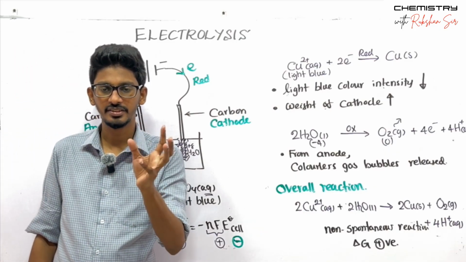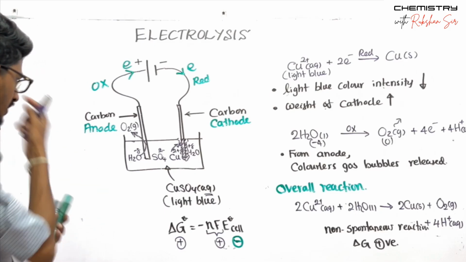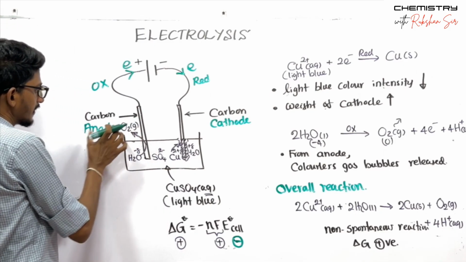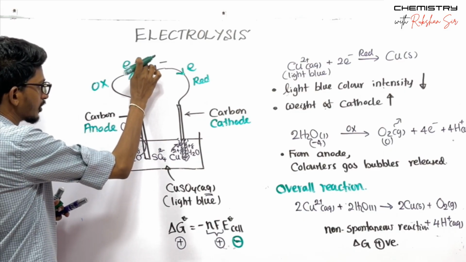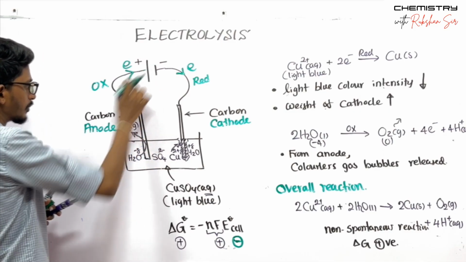But what changes here is actually the signs of the anode and the cathode. Here your anode is positive. Anode is the rod connected to the positive terminal.